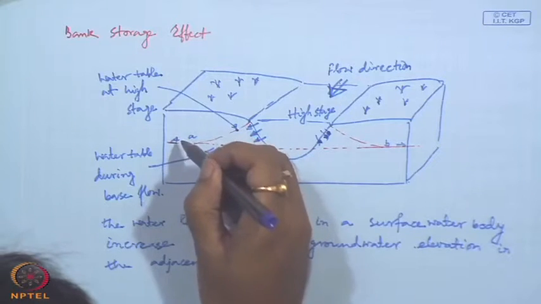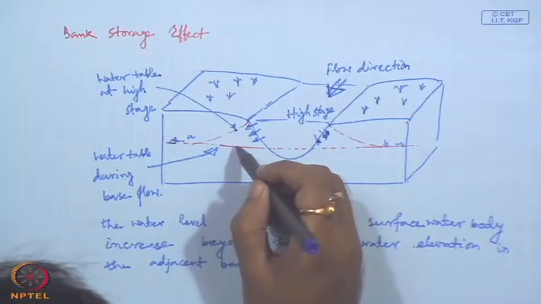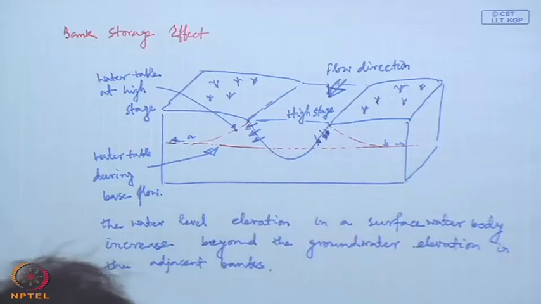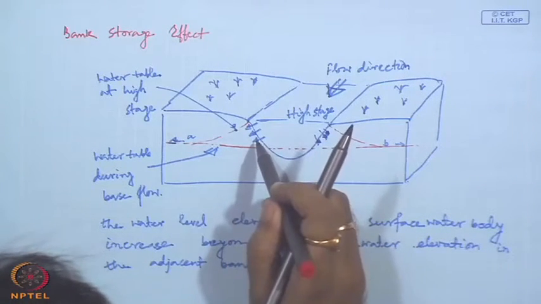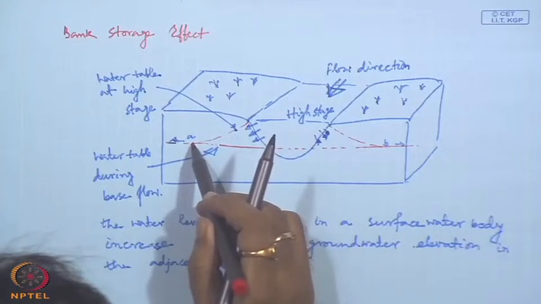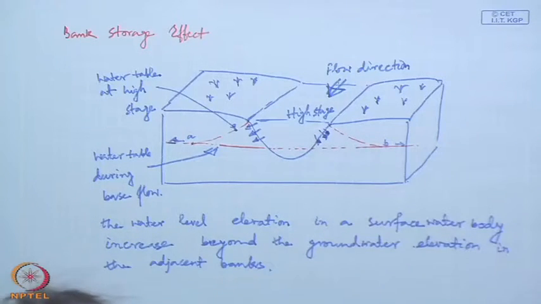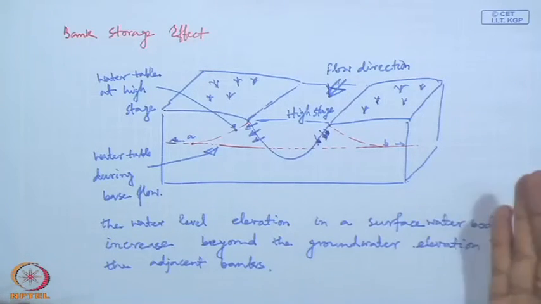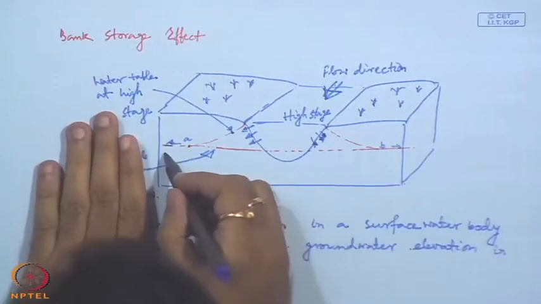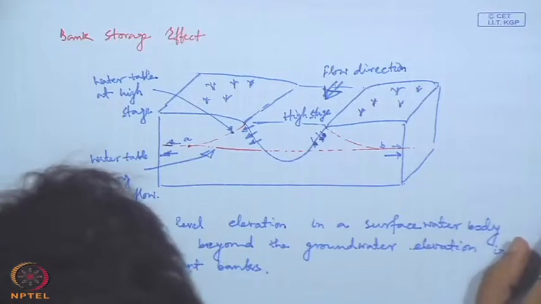This is very complex in nature, and water near the stream moves towards the stream, but beyond this A and B points, which are intersection points during high stage levels in streams, there will be movement of water towards the aquifer. So, these are the direction of water flow situation.